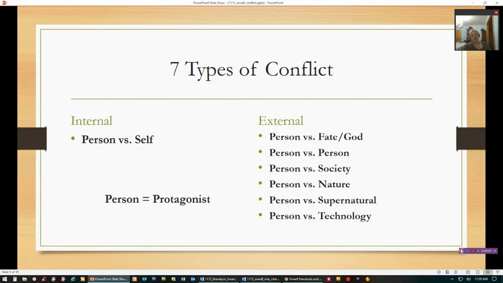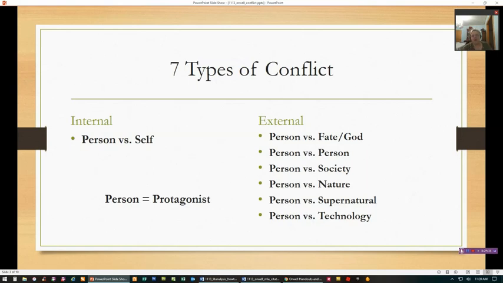Under external conflict, we're looking at anything that's outside of the protagonist that is causing problems. So one kind might be fate or God. There's some kind of spiritual destiny that is challenging the protagonist. The other kind is there might be an actual individual antagonist. It's kind of like in Star Wars, Luke versus Darth Vader, right? That's a very one-on-one kind of conflict, right?